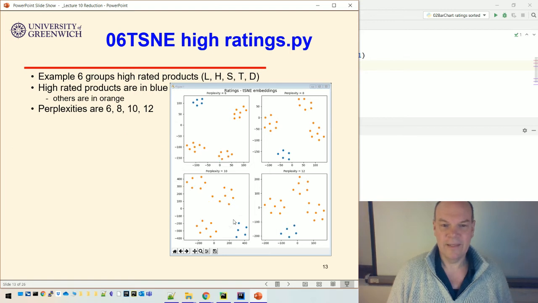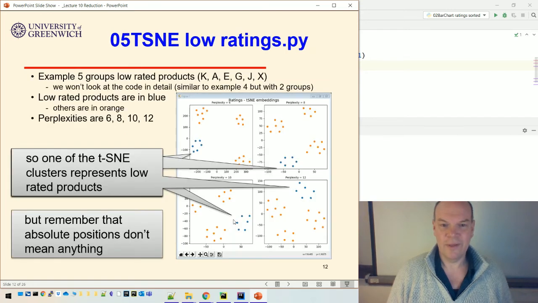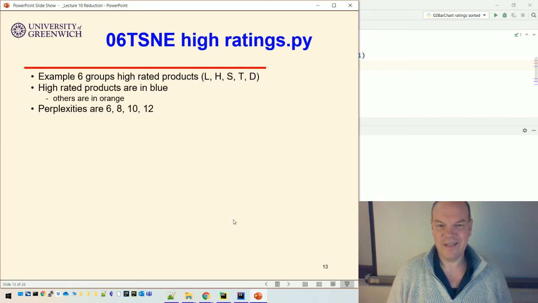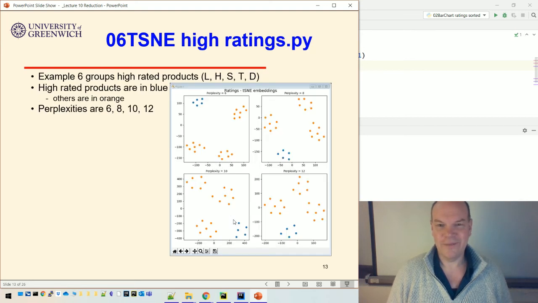Okay. I should warn you. Notice when I do this, I get different positions for all the data points. Unfortunately, that's a consequence of tSNE. It's a randomized algorithm, so you don't get the same results every time. And because I'm putting the data in a different order, I get a different set of results, even if I try and fix the random seeds, if you know what I mean by random seeds.